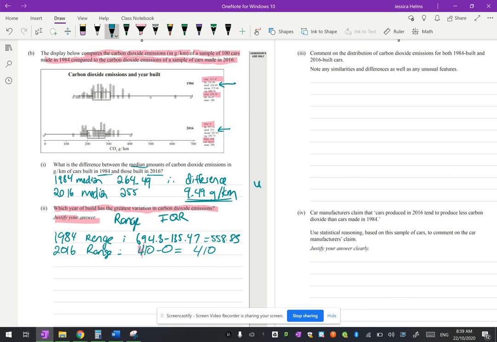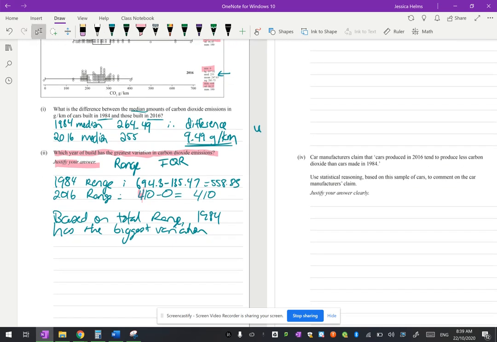So it's clear here that the biggest range is with 1984. So based on total range, 1984 has the biggest variation.